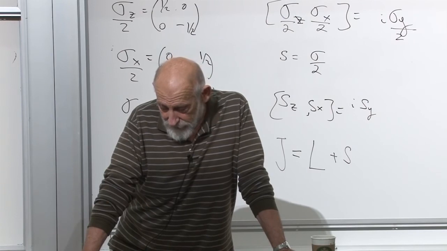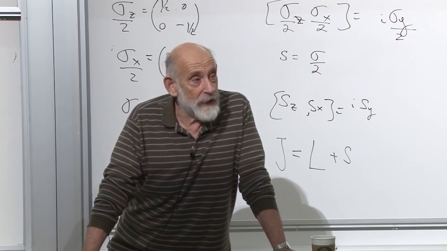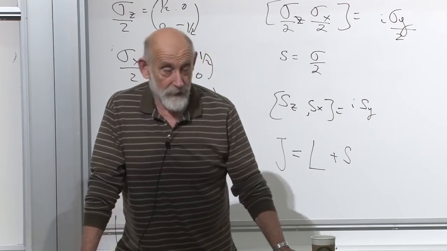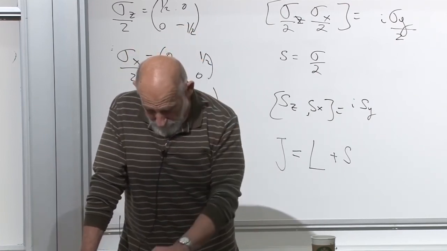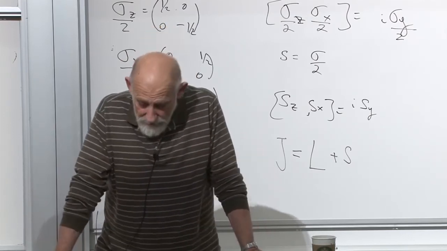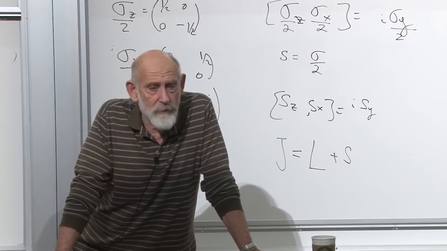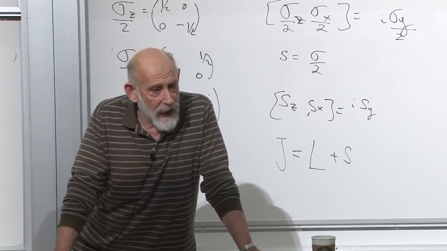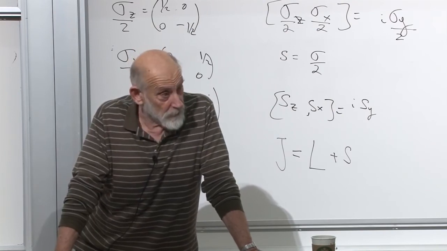I wasn't going to go into that now. The problem of the addition of angular momentum is a straightforward problem, but we won't do it tonight. I'd be happy to go through it another night. But there are mathematical rules for adding angular momentum of two systems.